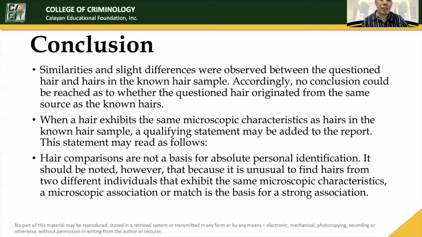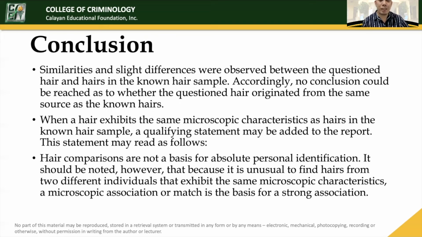So when a hair exhibits the same microscopic characteristics as hairs in the known hair sample, a qualifying statement may be added to the report. So this statement may read as follows. Hair comparisons are not a basis for absolute personal identification. It should be noted, however, that because it is unusual to find hairs from two different individuals that exhibit the same microscopic characteristics, a microscopic association or match is a basis for strong association.